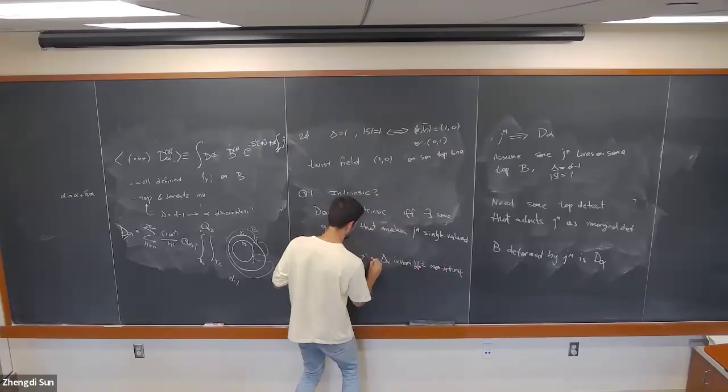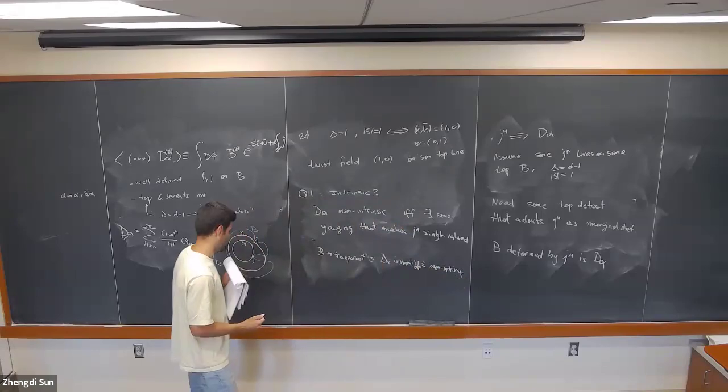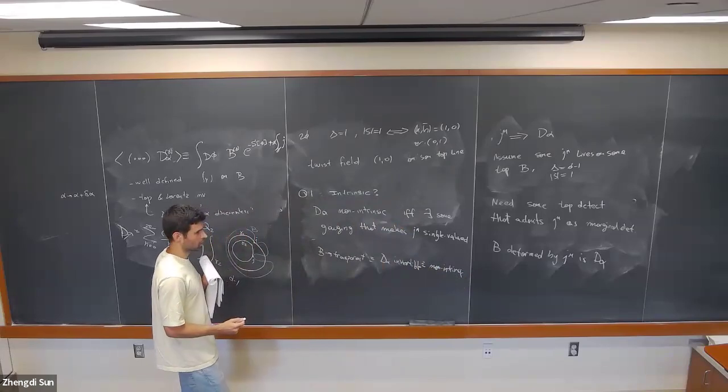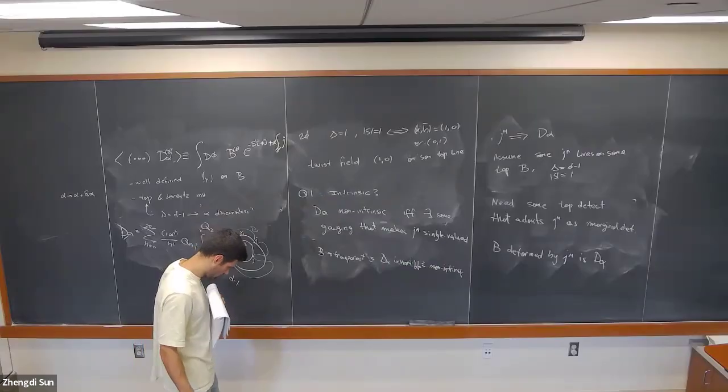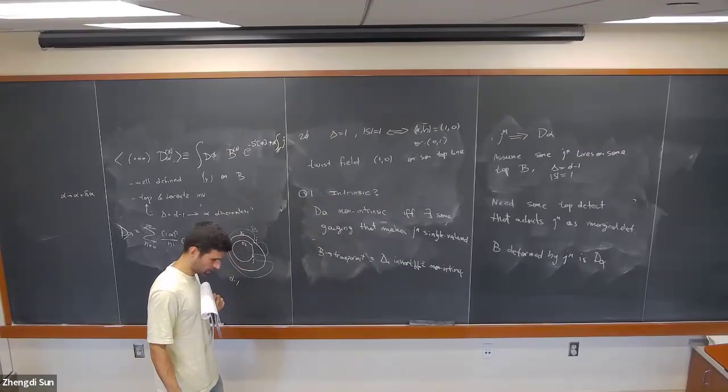So the same as saying that B is a condensation defect. Maybe not quite. No, I want to say that it's truly transparent, but, I mean, if B is a condensation defect, then can you make it? You can always make it transparent. Okay. I'm not sure if that's true, but you might be right.